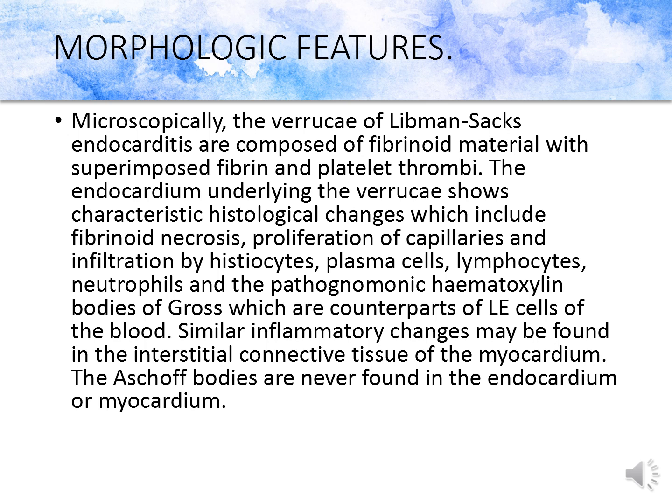The endocardium underlying the verrucae shows characteristic histological changes, which include fibrinoid necrosis, proliferation of capillaries, infiltration by histiocytes, plasma cells, lymphocytes, neutrophils, and hematoxylin bodies, which are counterparts of the lupus erythematosus cells of the blood.